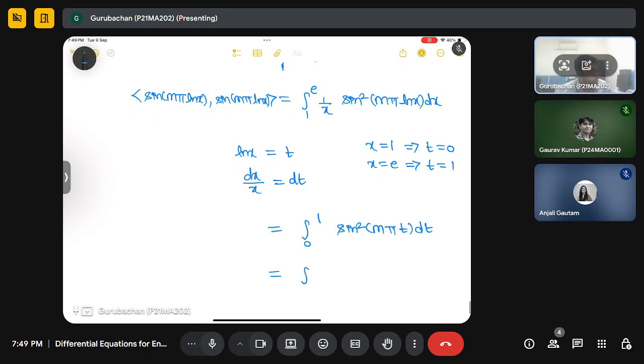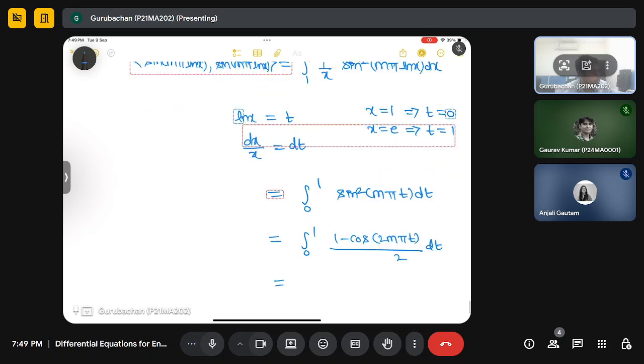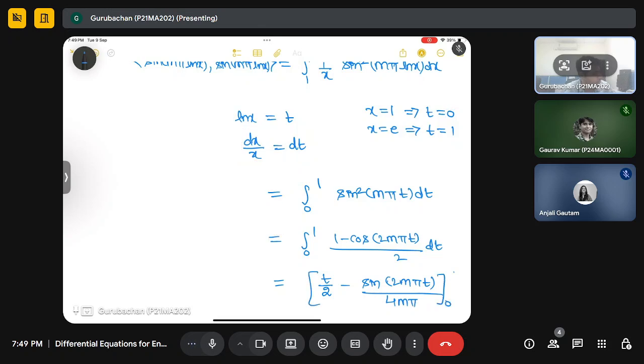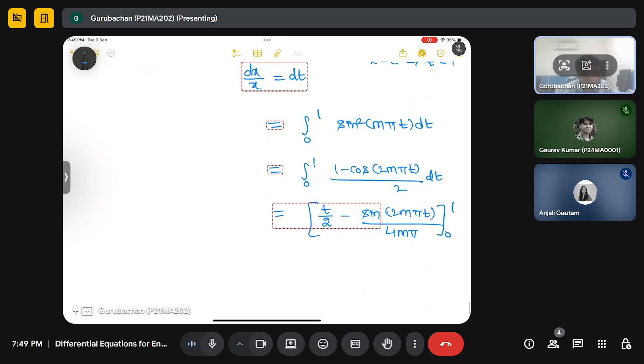So from here you will get the integral from 0 to 1 of (1 minus cos 2m pi t) divided by 2 dt. This will give you t by 2 minus sin(2m pi t) divided by 4m pi, from 0 to 1. So this will give you the value 1 by 2.